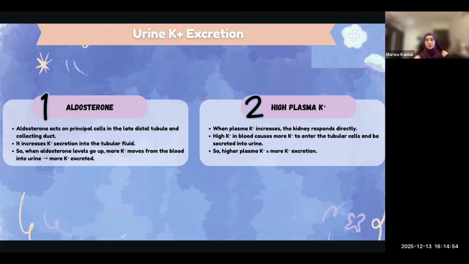We said that when our body has a lot of plasma potassium, it's going to want to excrete it. So whenever we have a high potassium concentration, the excretion of potassium is also going to increase, to excrete the excessive potassium. So urine potassium excretion depends on aldosterone and the plasma potassium concentration. Okay?